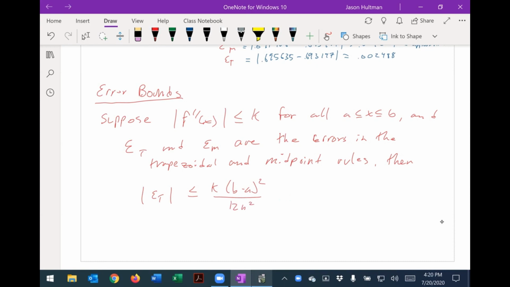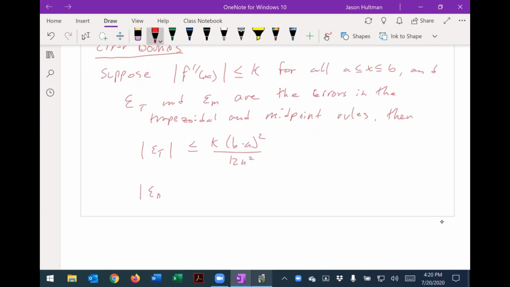For the midpoint rule, we can get an error bound of K times (b minus a) cubed over 24n squared. These provide upper bounds on these errors.